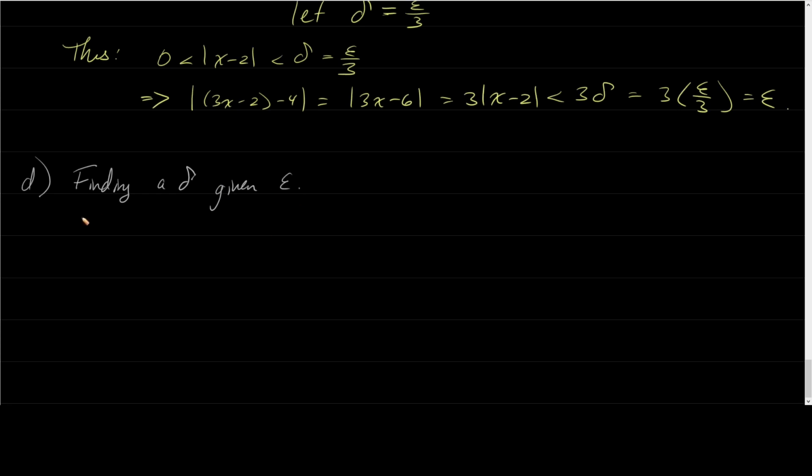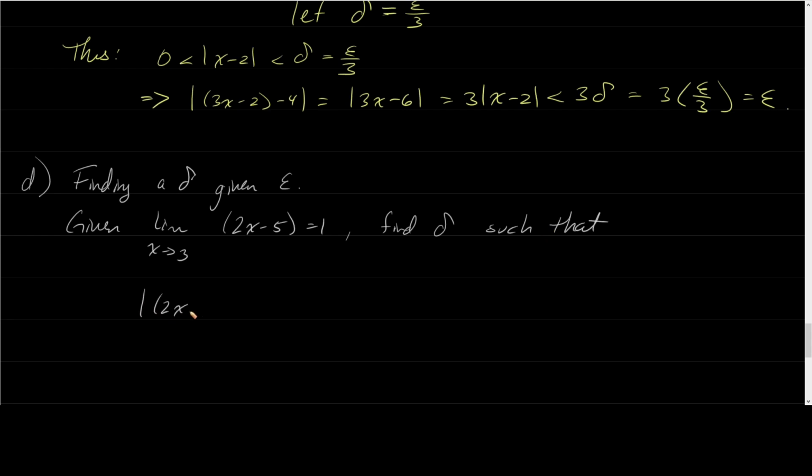So given that the limit as x approaches 3 of 2x minus 5 is equal to 1, find delta such that the absolute value of 2x minus 5 minus 1 is less than 0.01 whenever the absolute value of x minus 3 is less than delta.